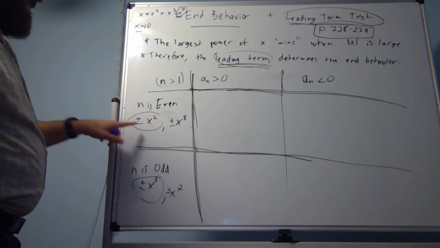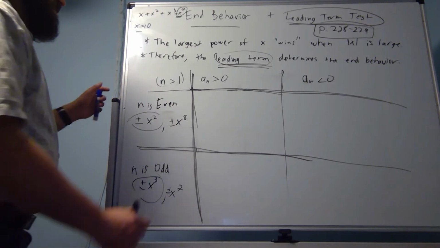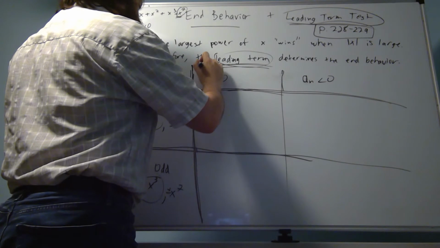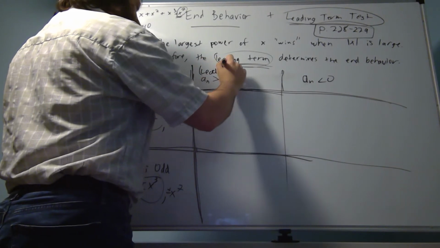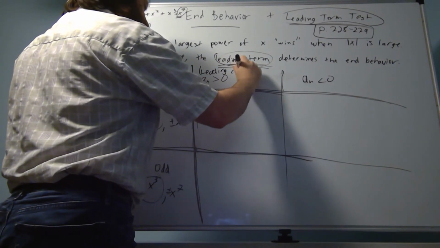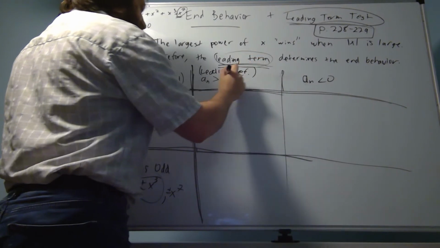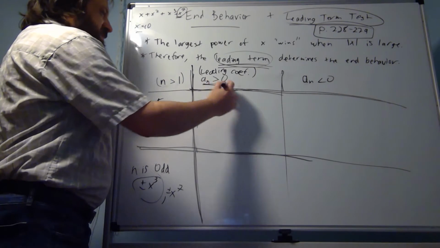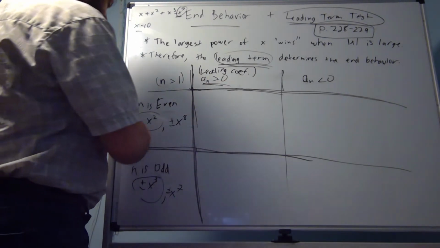And is the coefficient, in this context a_n refers to the leading coefficient, positive or negative?